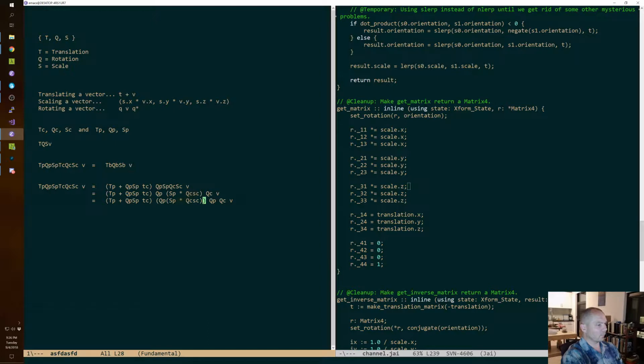Actually, we wanted to drag the scales the other direction, if I'm being honest. Let's go back to this. Because it's consistent, we want the scales on the right because that's the order of operations that we've established. So we want SP to go to the right.